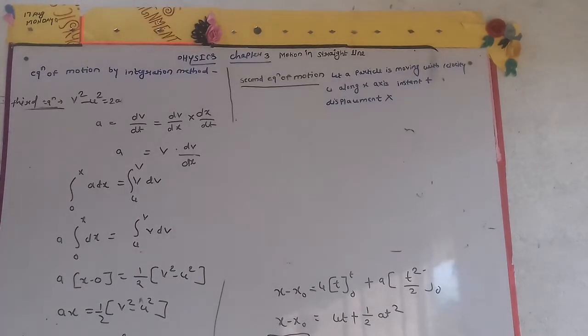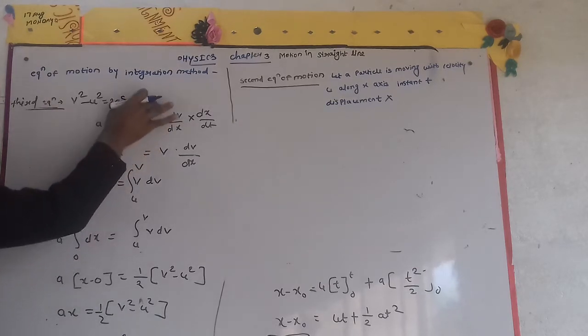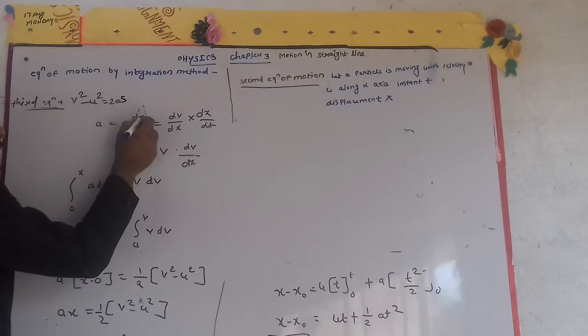Now we'll see the third equation of motion, v square minus u square equal to 2as. Before studying this, we know that acceleration a equal to dv upon dt, the rate of change of velocity with respect to time.